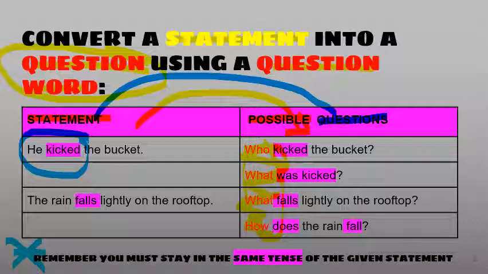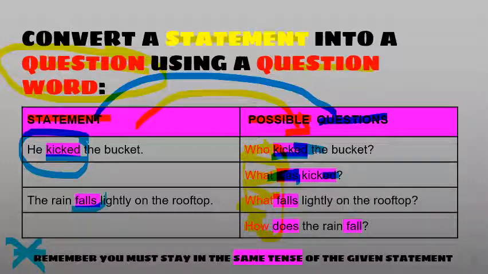It has to stay in the same tense. So here you will see my verb is he kicked the bucket. That's in the simple past tense. So when I convert that into a question, it must stay in my simple past tense, kicked, that ed. What was kicked? There you see, my was is my auxiliary verb that I use for the simple past tense, and I stay in my simple past tense, was kicked.